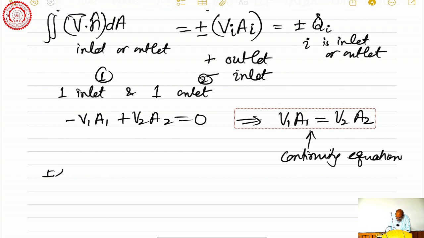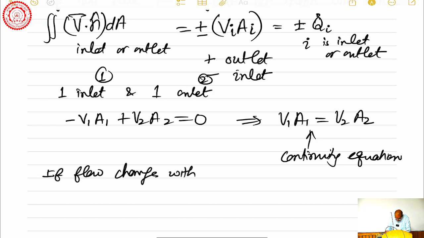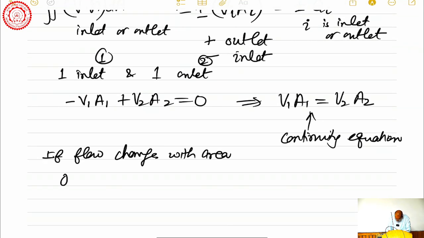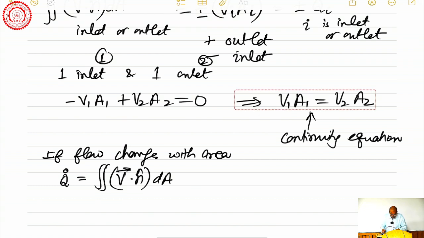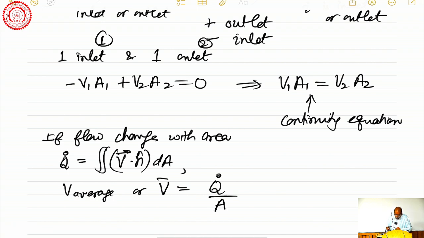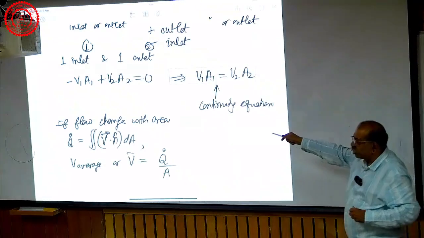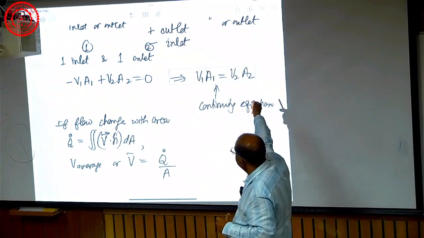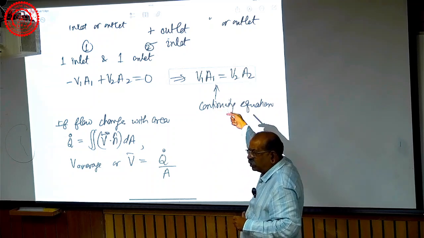Now if flow changes with the area, then Q dot is equal to integral V dot n dA, and one can define V average or V bar is equal to Q dot upon A. So sometimes we talk in terms of an average velocity, but if the flow is uniform, then the average velocity is equal to V1 or V2.